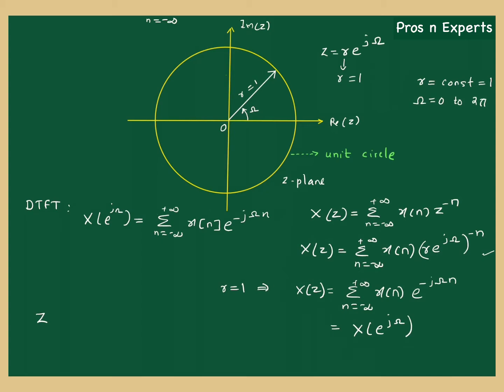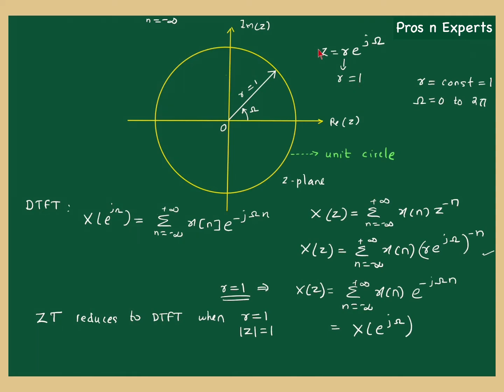So I can tell you that Z transform reduces to DTFT when this condition r is equal to 1. r is equal to 1 means mod z equal to 1, right? Mod z is nothing but r. Z is written as a complex number in polar form, so r represents the modulus.